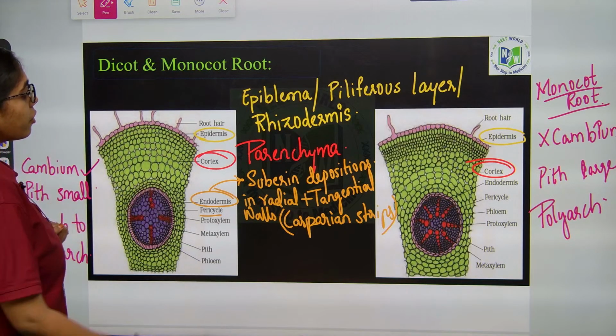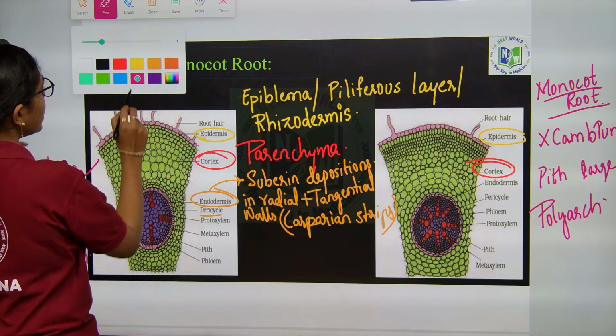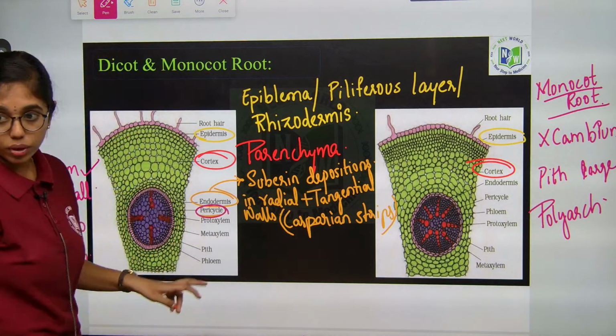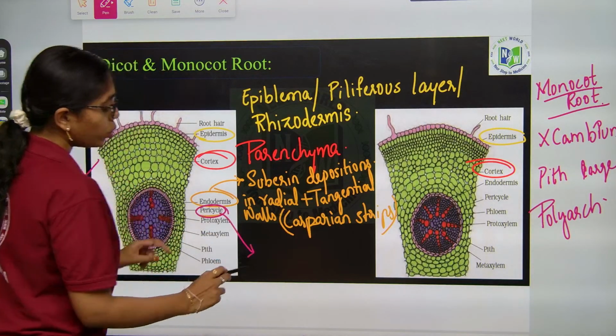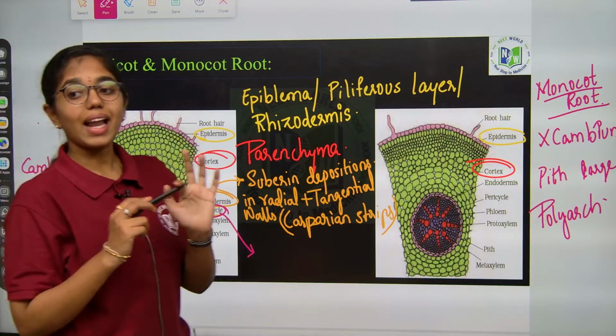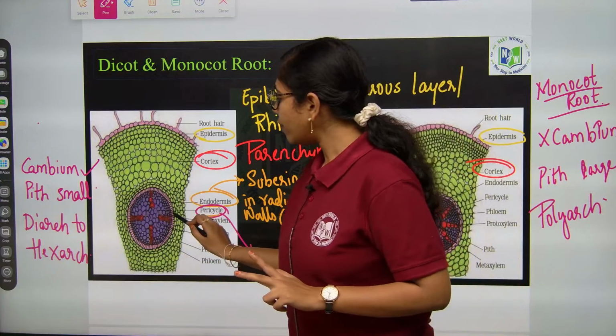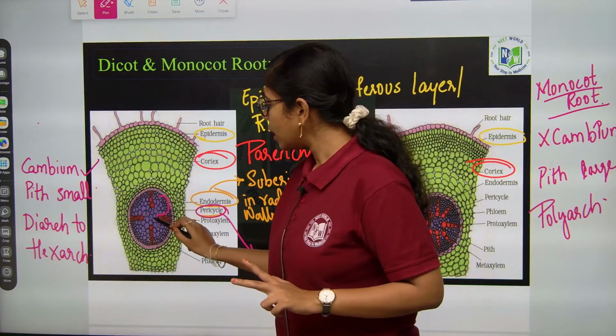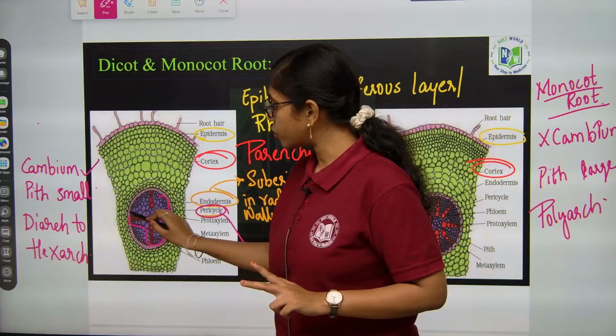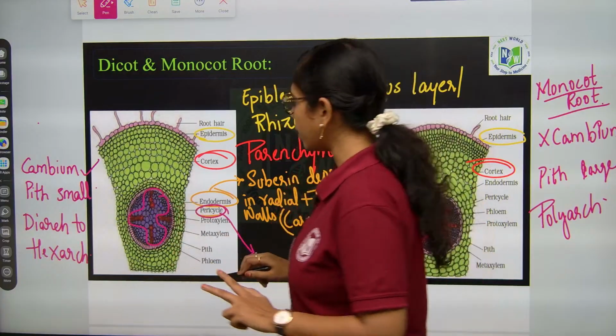Fine. And here from the pericycle, if you see, pericycle of the dicot root, from pericycle, 2 things will arise. One is lateral roots will arise endogenously. Second point is wavy cambium is formed in between phloem and xylem like this. Wavy cambium is formed.